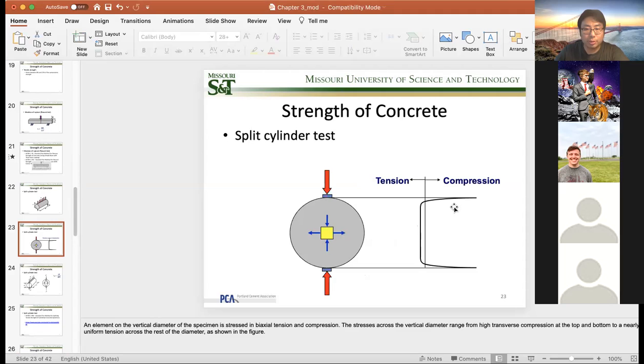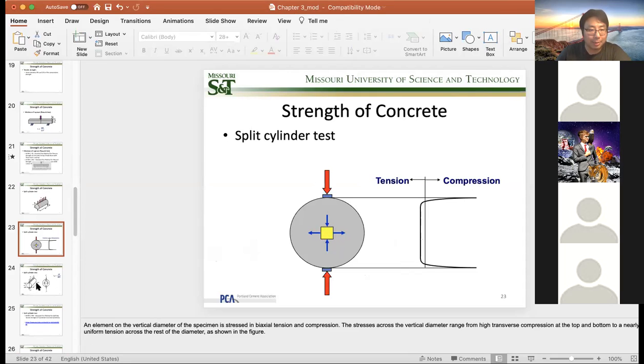When we apply pressure on the top and bottom, there will be concentrated compression, and then a tensile stress is generated in the middle. When the tensile stress in the middle reaches its peak strength, it busts the cylinder.